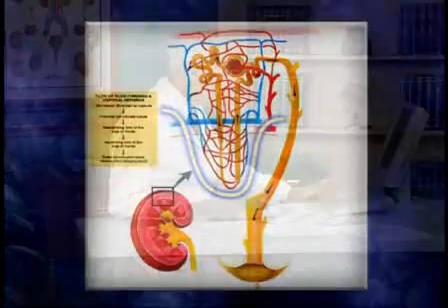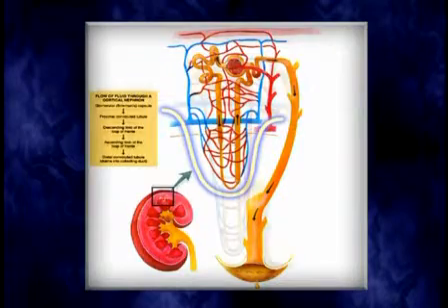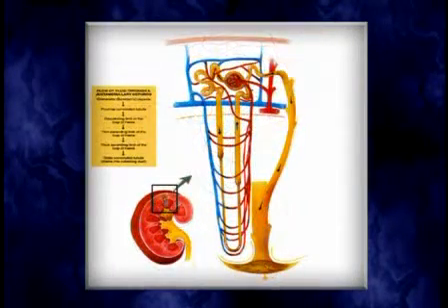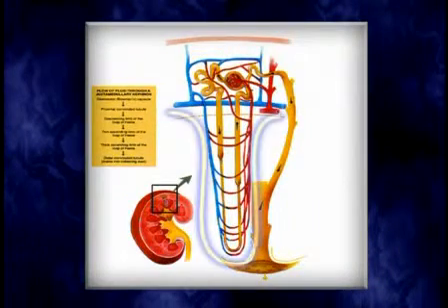Let's go on and take a look at first the differences between this side. You see this very short dip? We actually have another picture that looks immediately different to the eye. These are tubules that are called juxtamedullary nephrons. These are different nephrons because they go way down deep into the medulla.